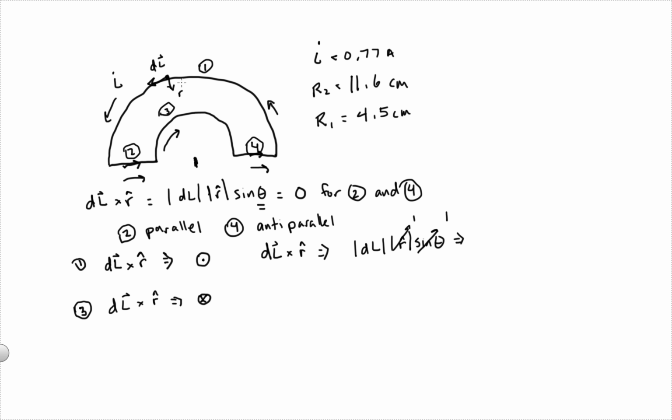And so those are going to be at 90 degrees to one another the whole time around. dL now is a little piece of arc, and so this is going to be r2 times what I was calling d phi, which is our angle around the arc. And this means that for 3, we're going to have something very similar. The magnitude of this is simply going to be dL, which is going to be r1 times d phi.